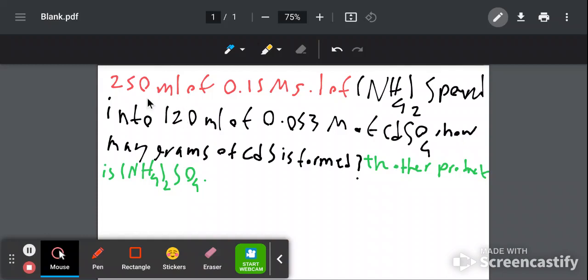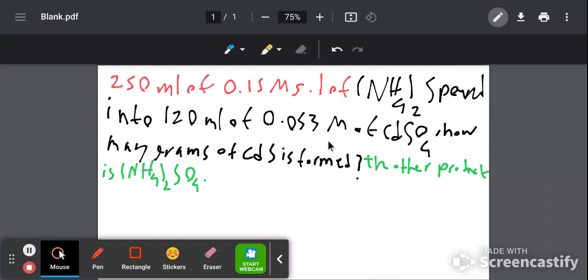250 milliliters of a 0.15 molarity solution of ammonium sulfide, which is basically (NH4)2S, is poured into 120 milliliters of a 0.053 molarity solution of cadmium sulfate, CdSO4.